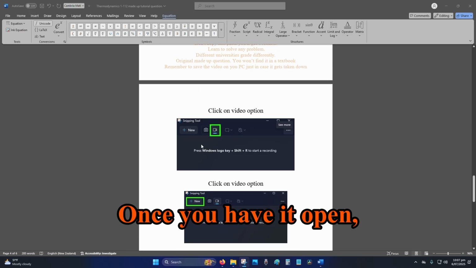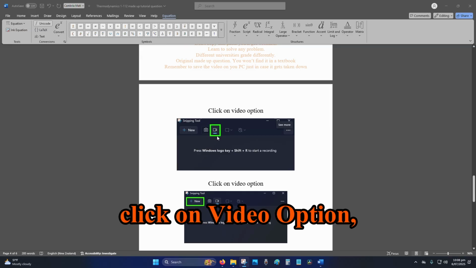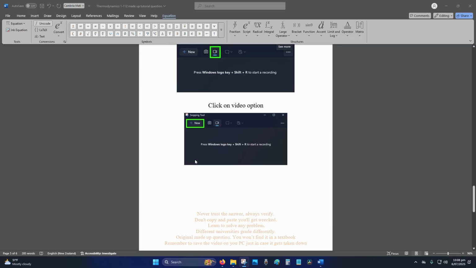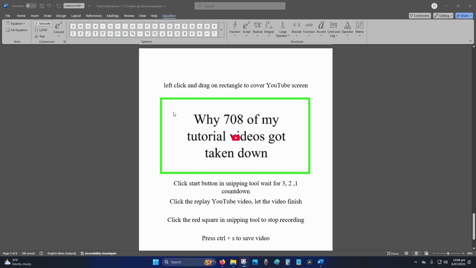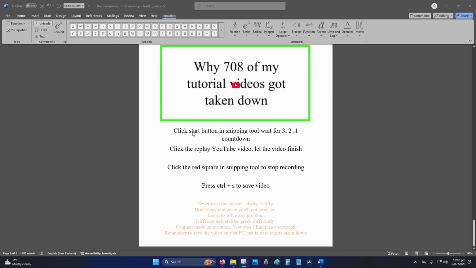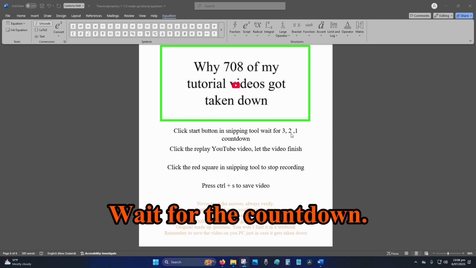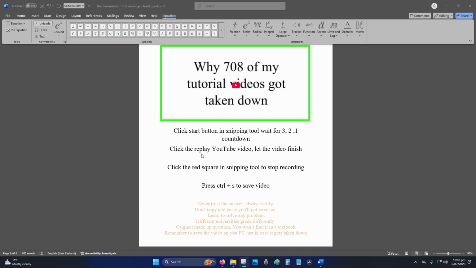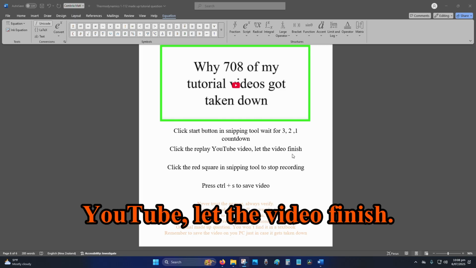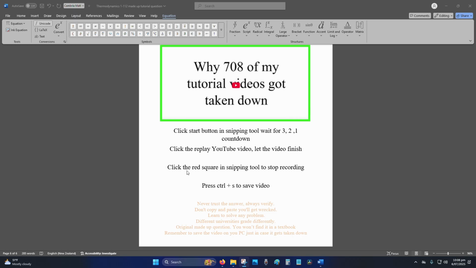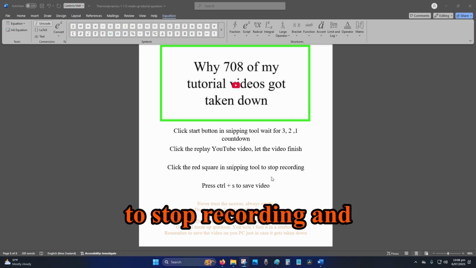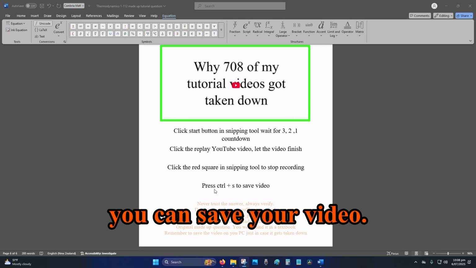Once you have it open, click on Video option, click on New, left click and drag the rectangle to cover the YouTube screen. This is just an example. Hit the Start button in snipping tool. Wait for the countdown. Hit the replay button on YouTube, let the video finish, and then hit the red square in snipping tool to stop recording, and you can save your video.